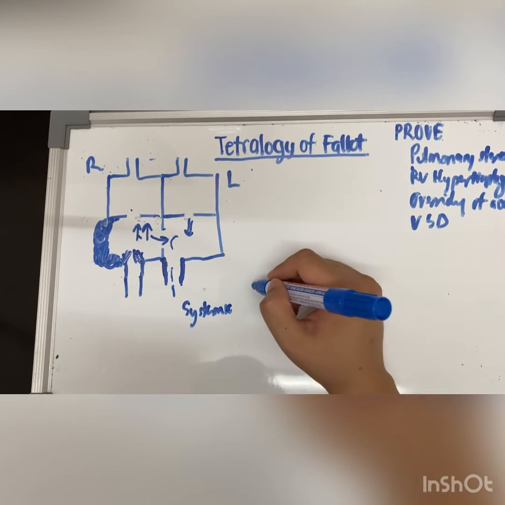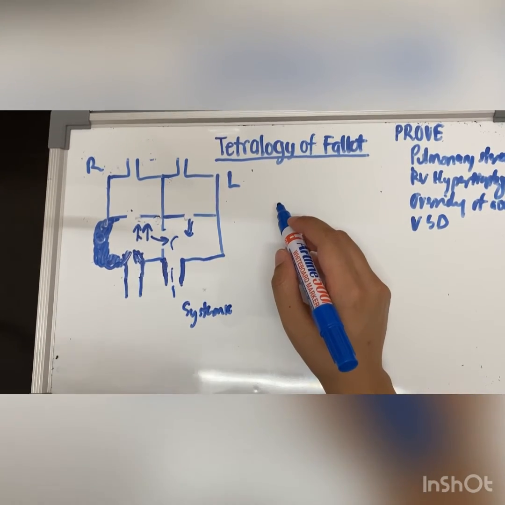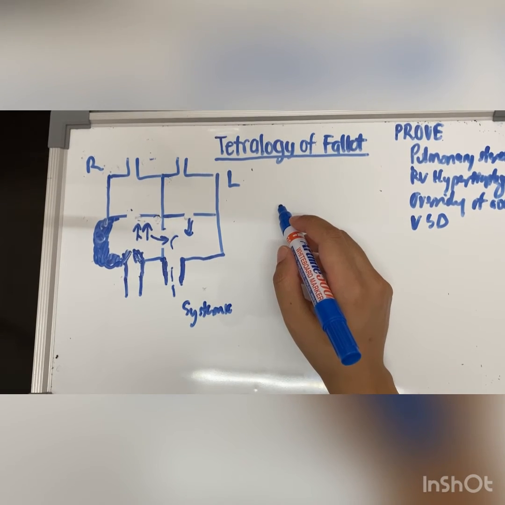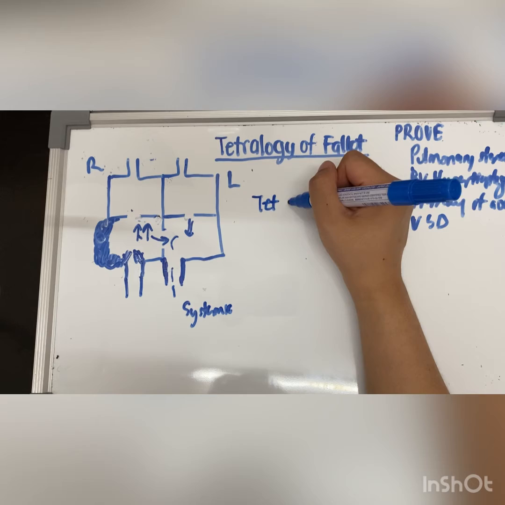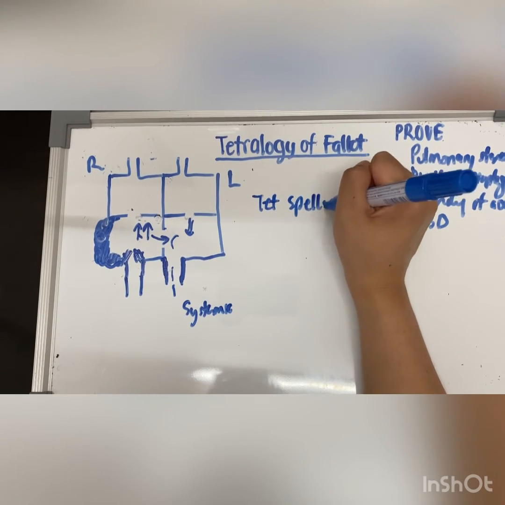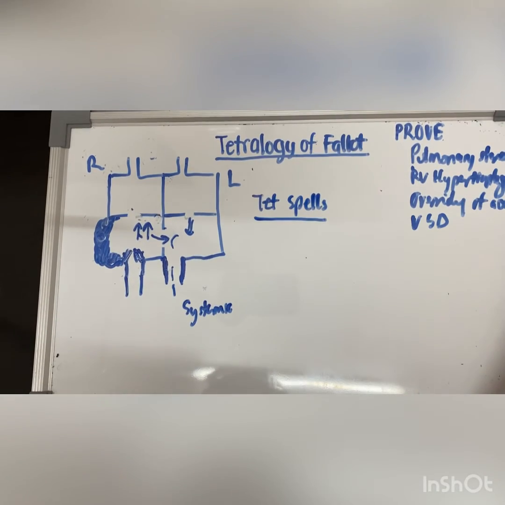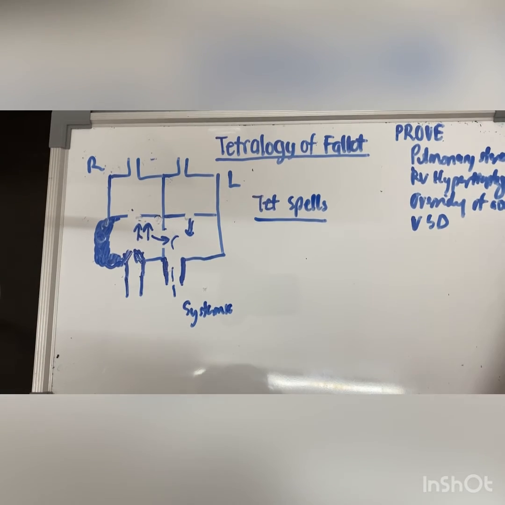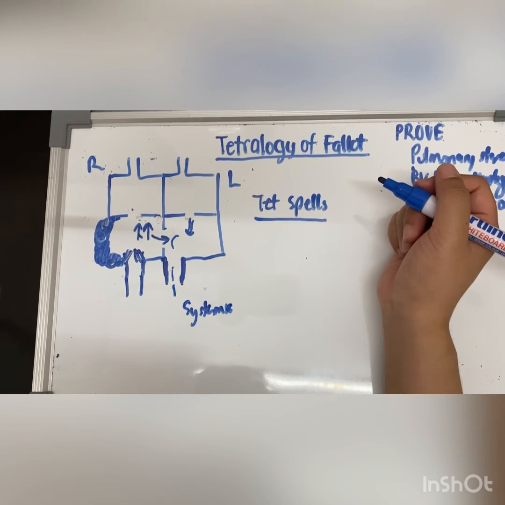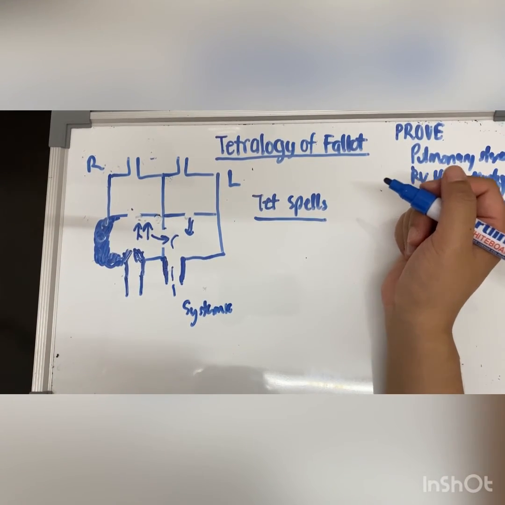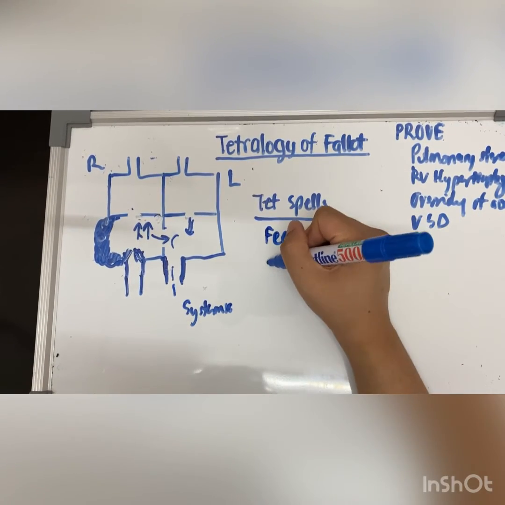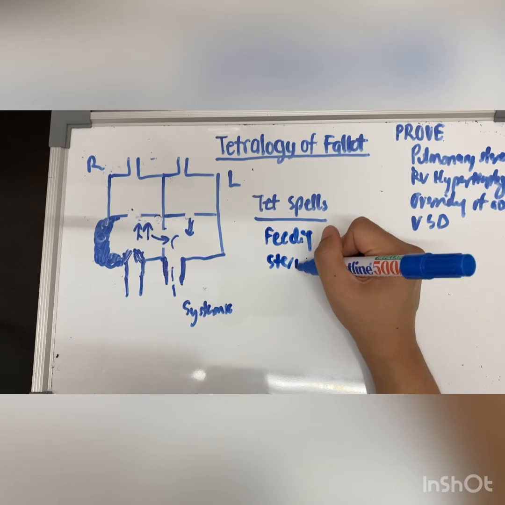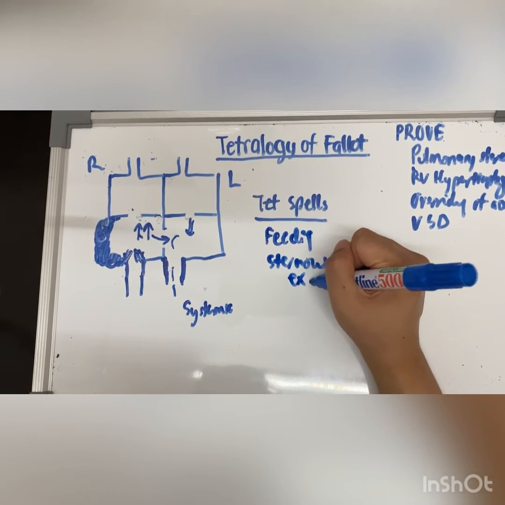So patients with Tetralogy of Fallot will experience TET spell or hypercyanotic spell, where they will become more cyanosed when they are, for example, feeding or doing strenuous exercise.